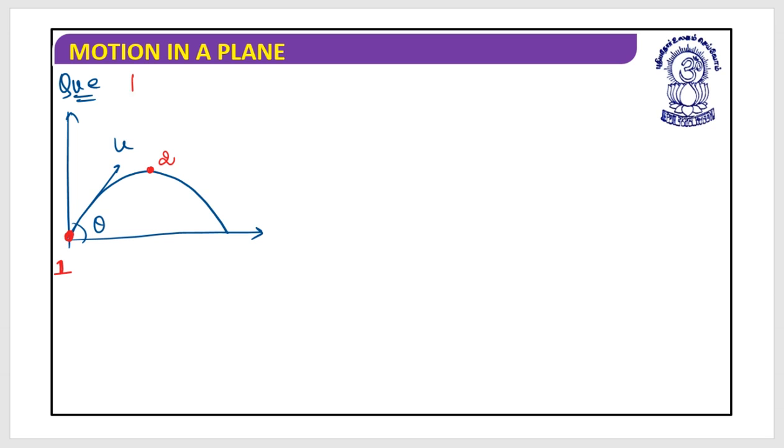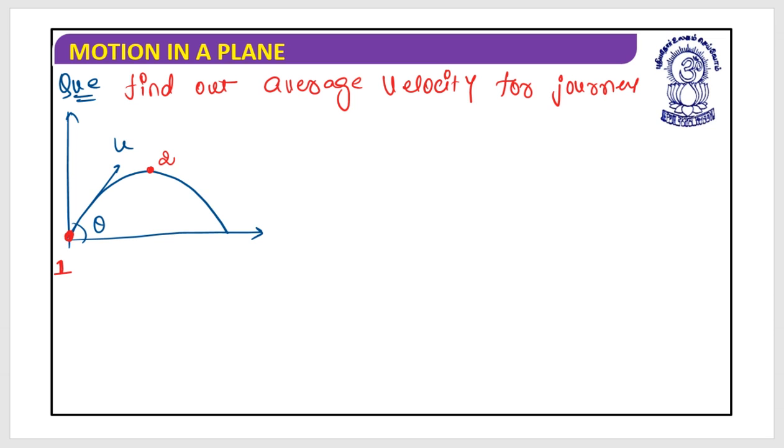They want us to find the average velocity for the journey of point 1 to point 2.